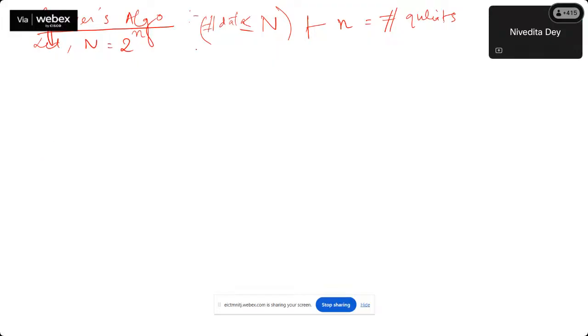Easy. That means for 8 data, 8 is less than or equal to 8, so the number of qubits is 3. And if it is, say, 18 data, then 18 should be less than or equal to 32, which means n should equal 5. Clear?